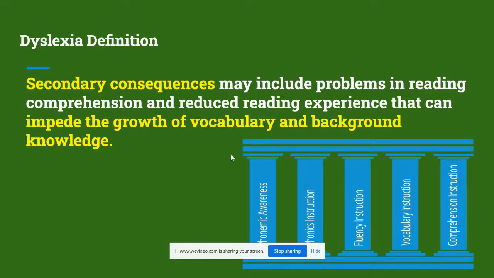If we're looking at these pillars of reading or elements of reading, we know as teachers that phonemic awareness and phonics instruction has to be really solid in order for students to read fluently, develop the vocabulary that's necessary, and then ultimately comprehend text.